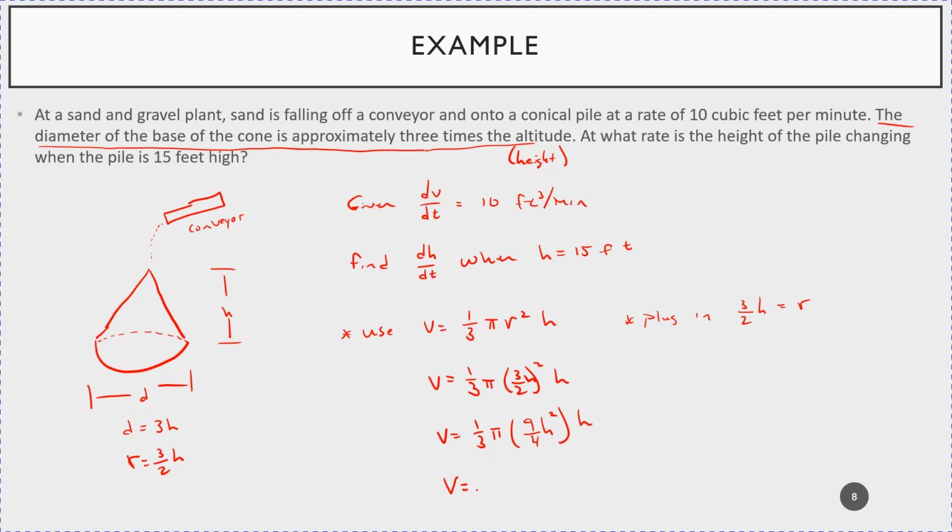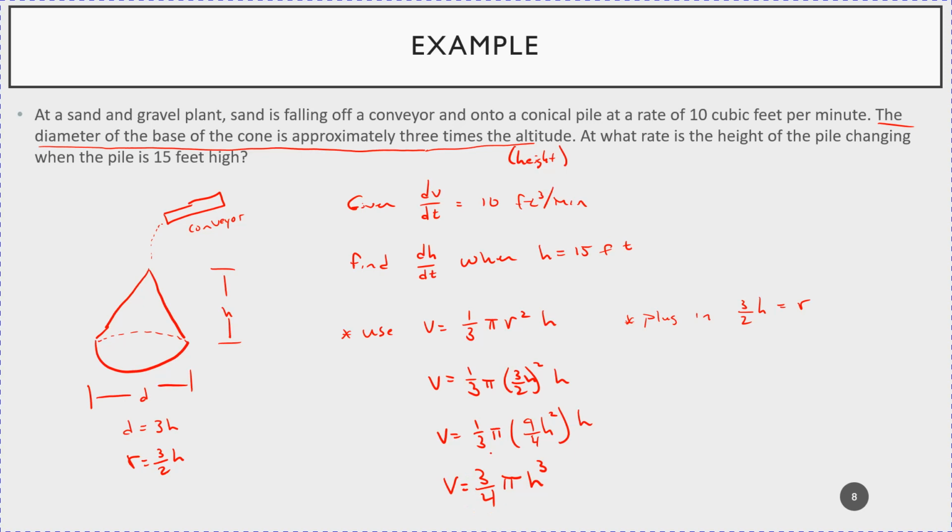It's going to end up being 3/4 pi, and then H squared times H gets me H cubed. So I'm going to use this equation now.